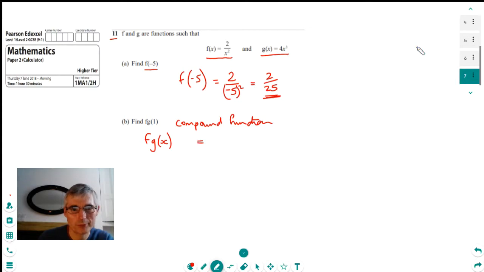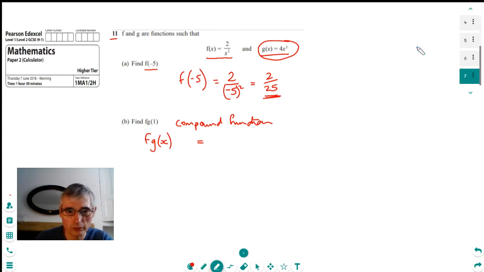So what we would do, we'd take the g function and we would replace it into the f of x function. So the 4x cubed there replaces the x in the f of x one.